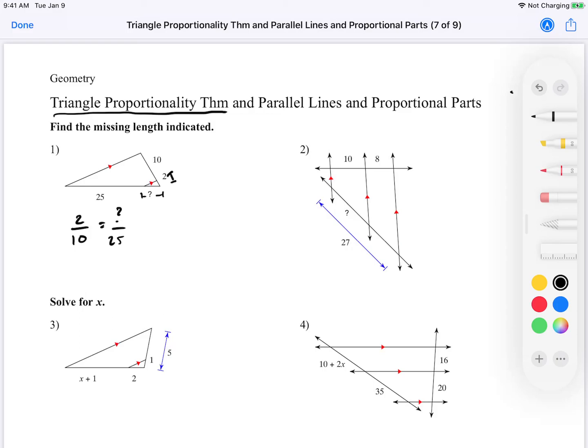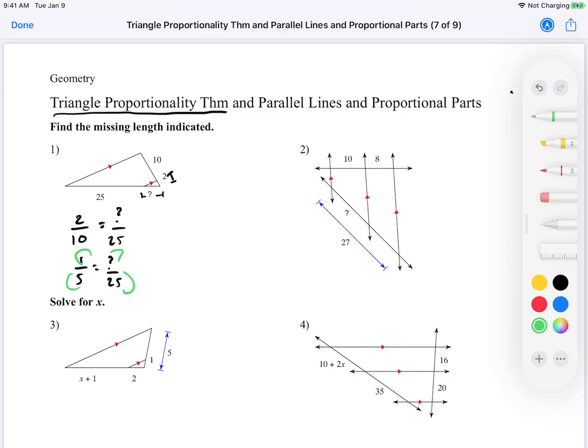All right. So I always recommend, and you don't have to in this case, simplifying as much as possible before I start doing the cross product. So now I've got this 2 over 10. I know that simplifies down to 1/5, which is equal to question mark over 25. And now I can use my cross product property to solve it.